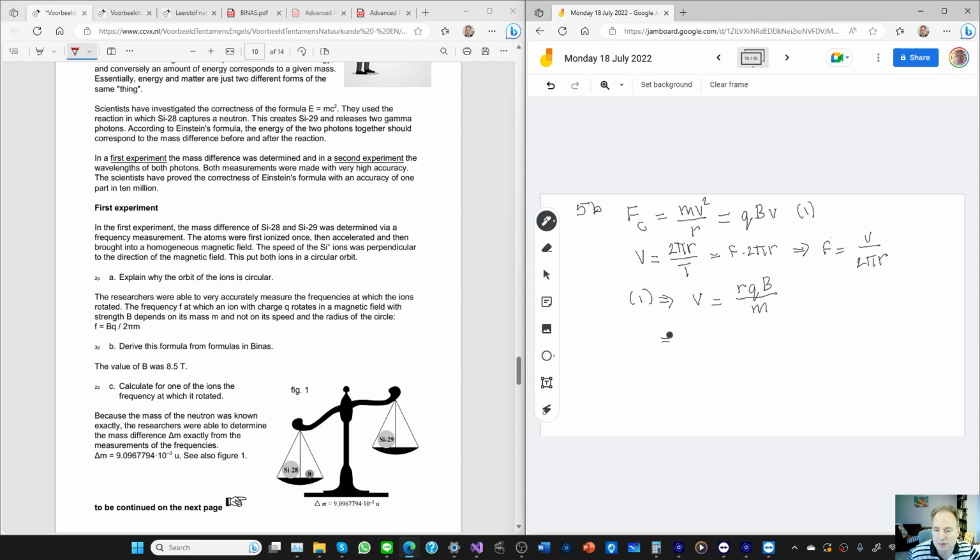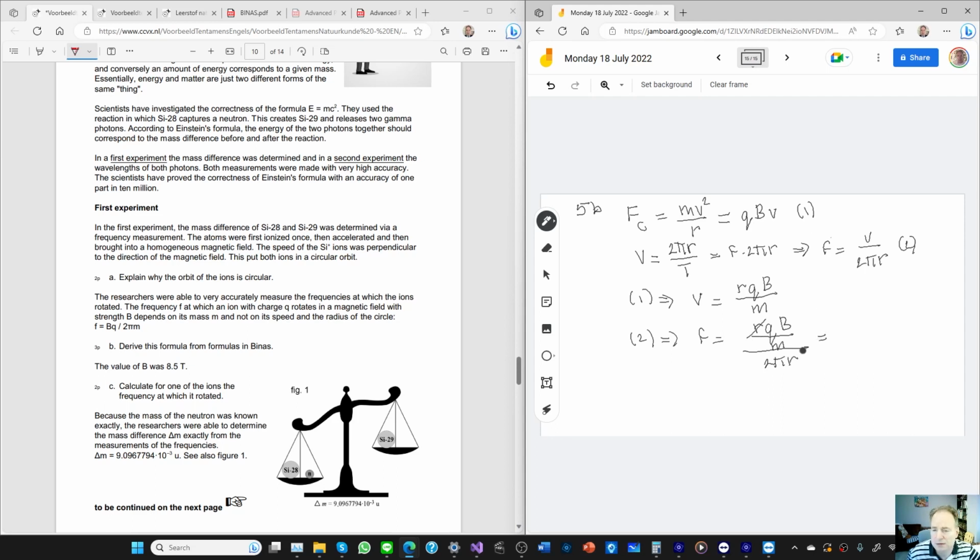Okay, so now we can substitute this here, and then you can see that r actually drops. So from this equation 2 then follows that the frequency is rqB divided by m, then divided by 2 pi r.